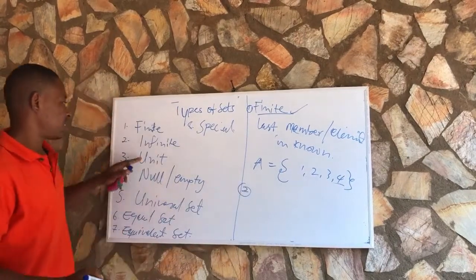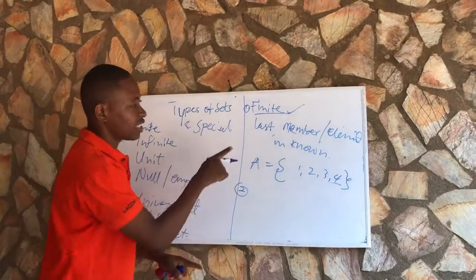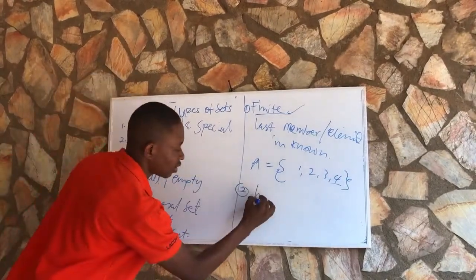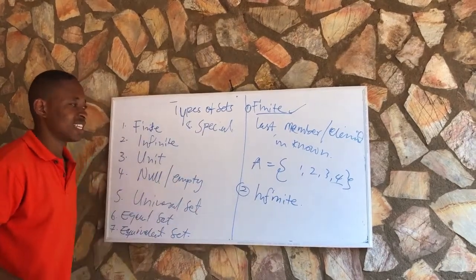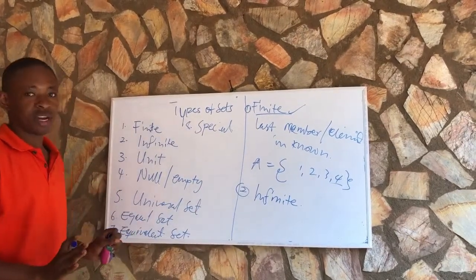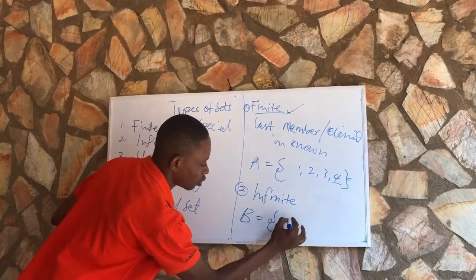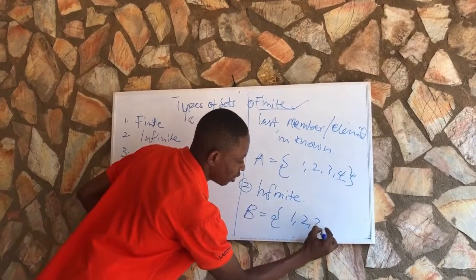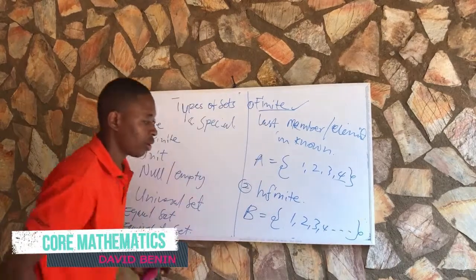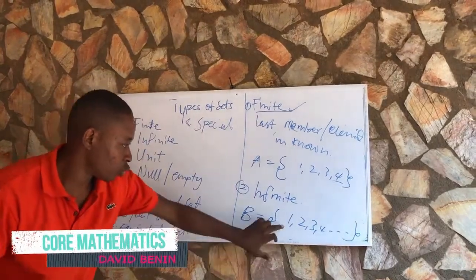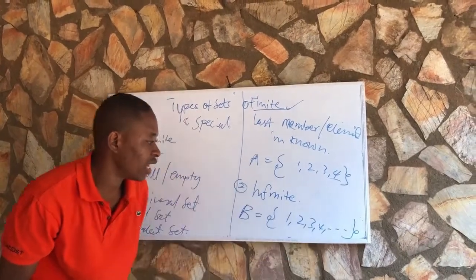The next type of set is an infinite set. An infinite set is the inverse of a finite set. What we mean by that is an infinite set is a set whose last number is not known. So for example, we have the set B equals 1, 2, 3, 4, and then we have 3 dots at the end.